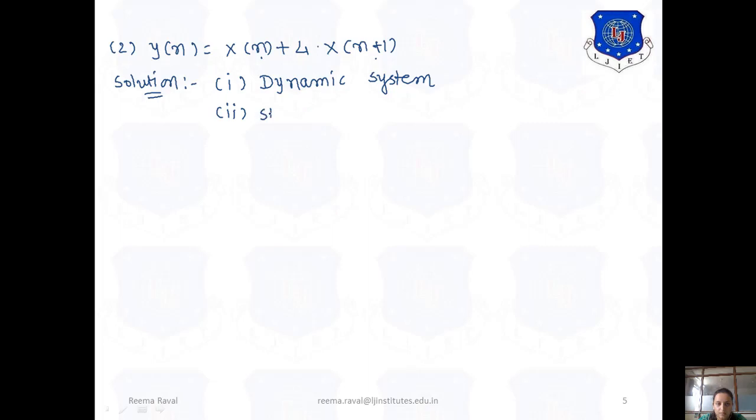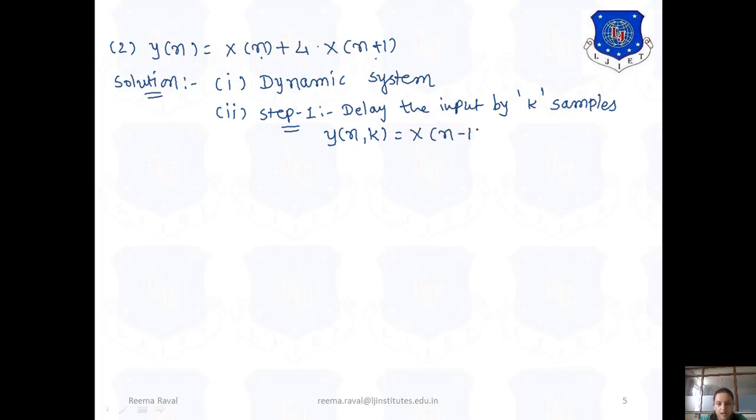So for that, step number 1 will be delay the input by k samples. We will denote it as y of n comma k, that is equals to x of n minus k plus 4 into x of n plus 1 minus k.